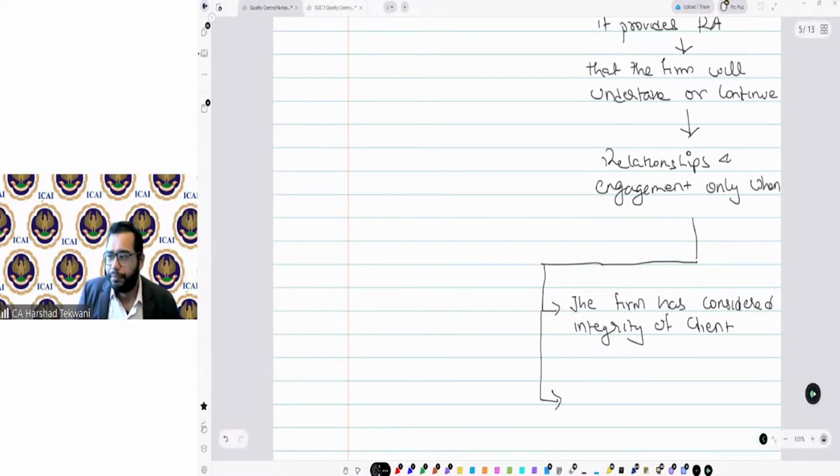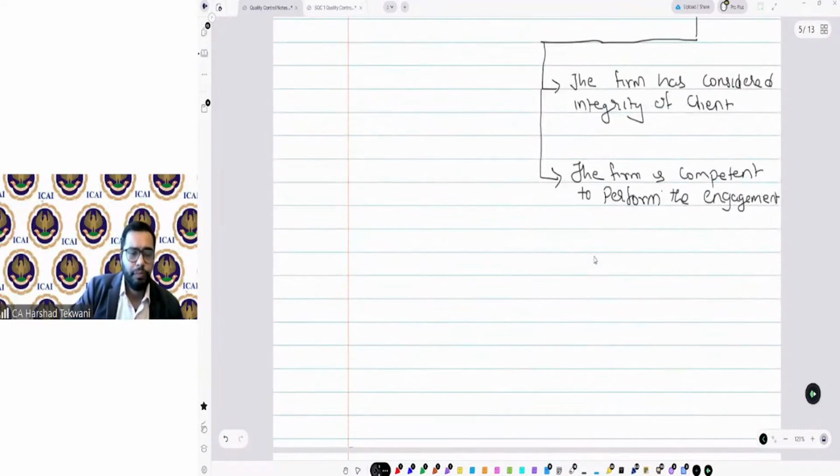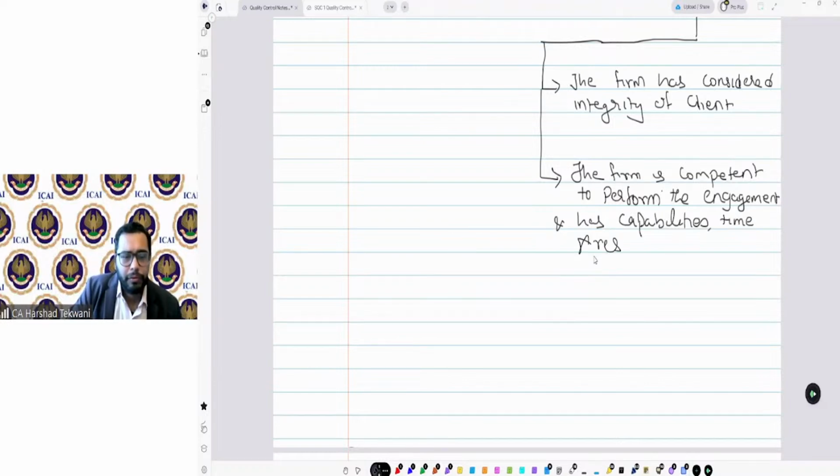Second, the firm is competent to perform the engagement, and has the capabilities, time, and resources to do so.